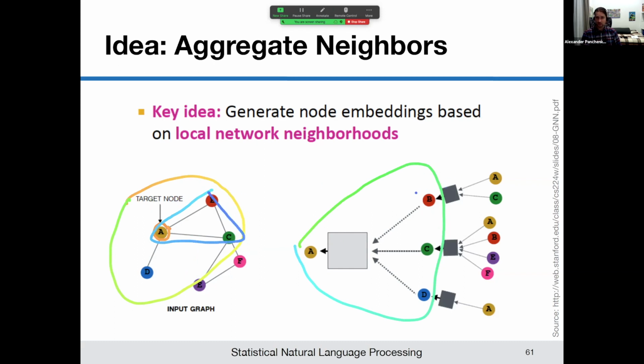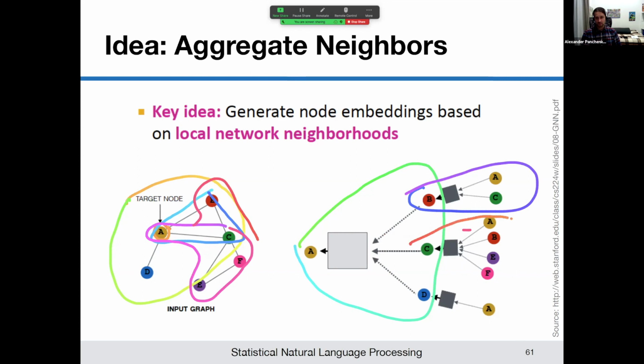And then for C, the same thing. You have the direct neighborhood of this node, and also this node. And then you would create some kind of cascade which will help you to learn feature representations of the target node.